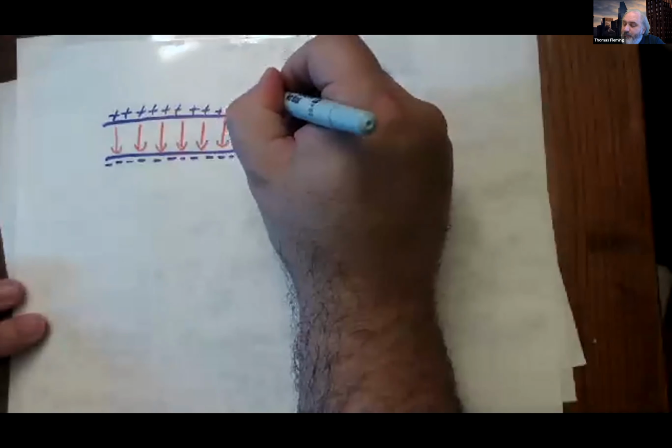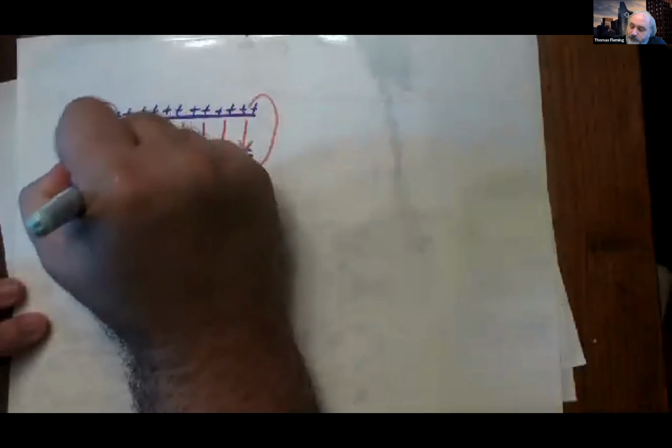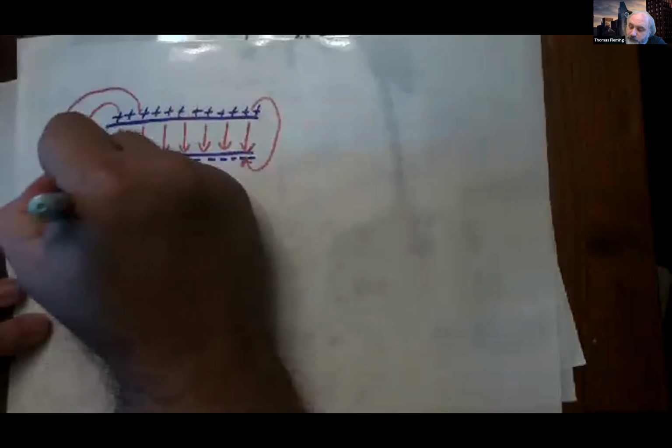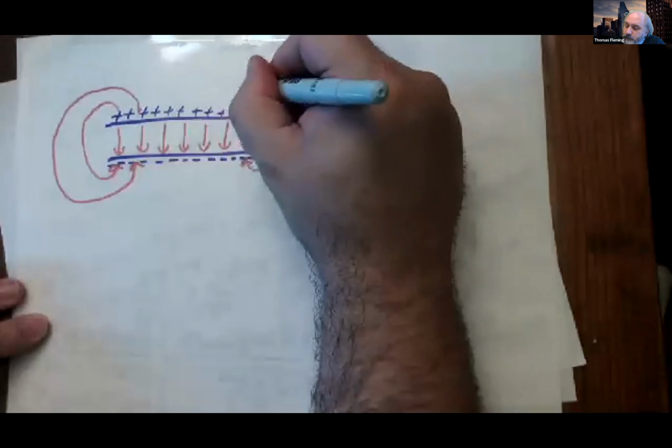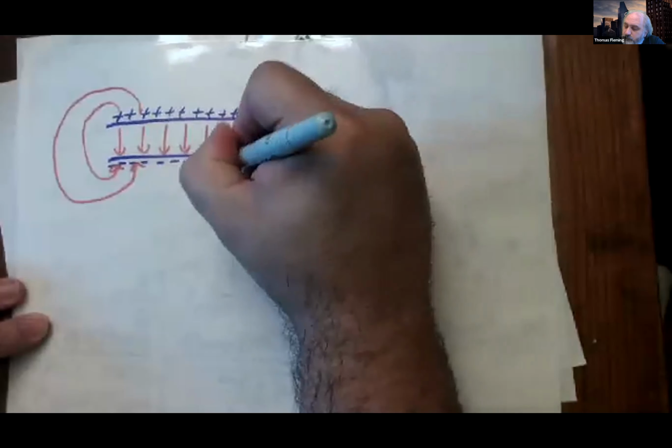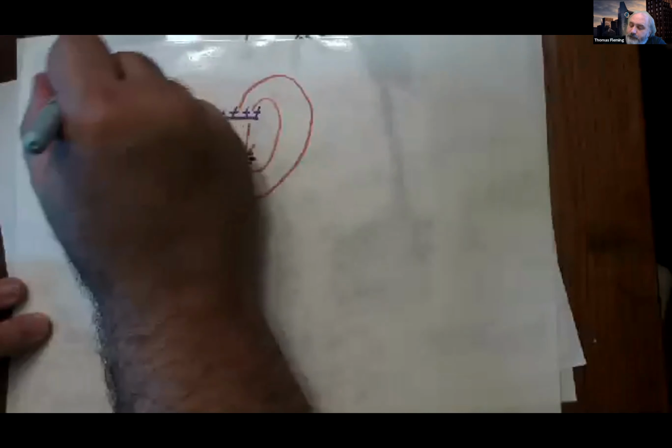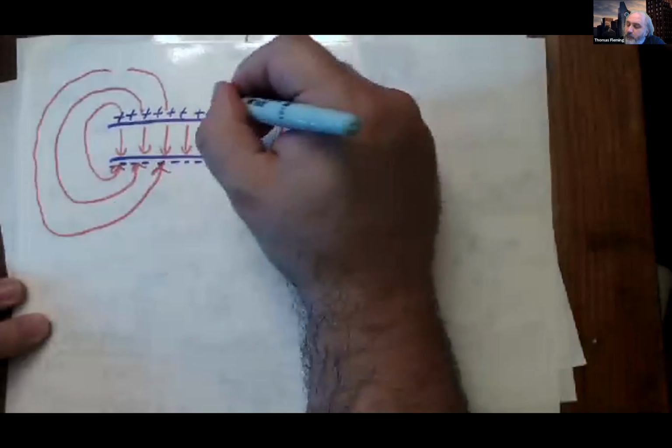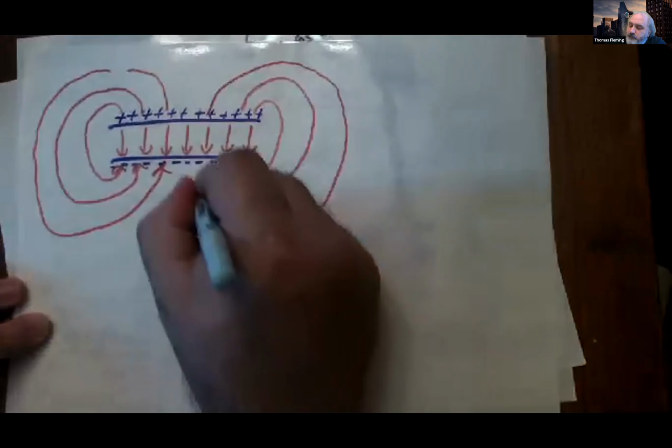And outside the gap, they were much more complicated, right? If I wanted to sketch the equipotential surfaces, well, the equipotential surfaces would always have to be perpendicular to E at any given location.